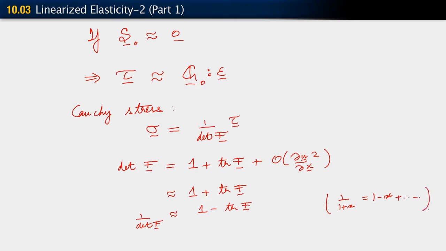Okay, so up to first order, 1 over determinant of F can be further approximated as 1 minus trace of F. Okay, but then if we want to maintain just linear terms in our expression for tau, if we make the substitution for 1 over determinant of F, what we see is that sigma is approximately 1 minus trace of F times tau, which is C naught contracted with epsilon.